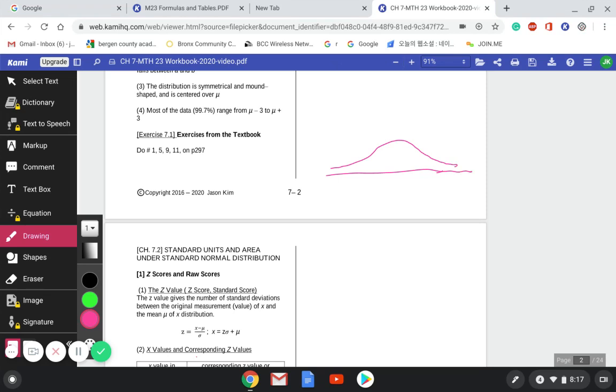Some normal curves are low, some normal curves are high, even though they have the same mean, and some normal curves are wide, and even some of them are very, very wide. So here you have 1, 2, 3, 4 different normal curves that you will have.